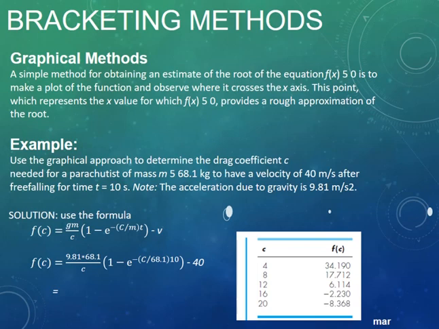Note that the acceleration due to gravity is 9.81 meters per second squared. So how will we compute that? We can use Excel again. Kailangan go check on graphical methods. So we already have the formula f of c for the roots of value of c.